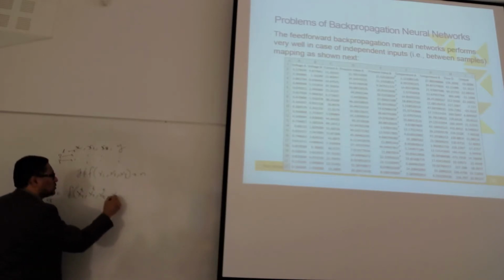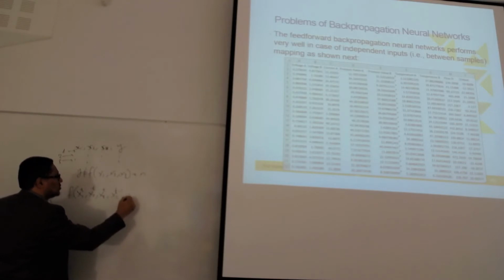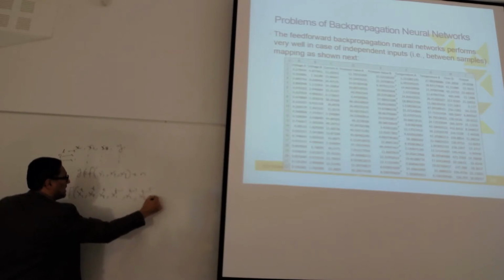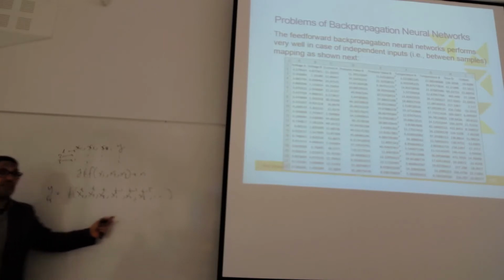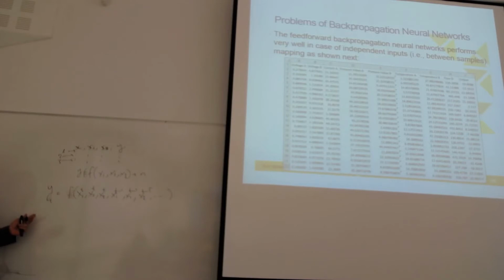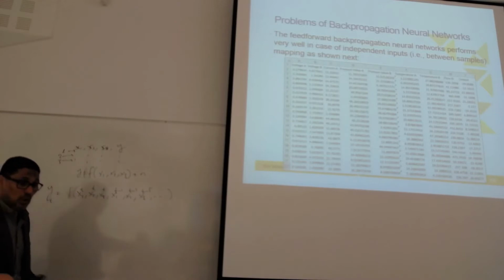So it depends on x1 at t minus 1, x2 at t minus 1, maybe x3 at t minus 5, and so on. Now we have a time series, so the output depends on the history. The output now does not depend only on the input now; it depends on the input now but also on the history of the input. In this case, we cannot directly apply the feed-forward neural networks that we saw before. We need to modify them a little bit.